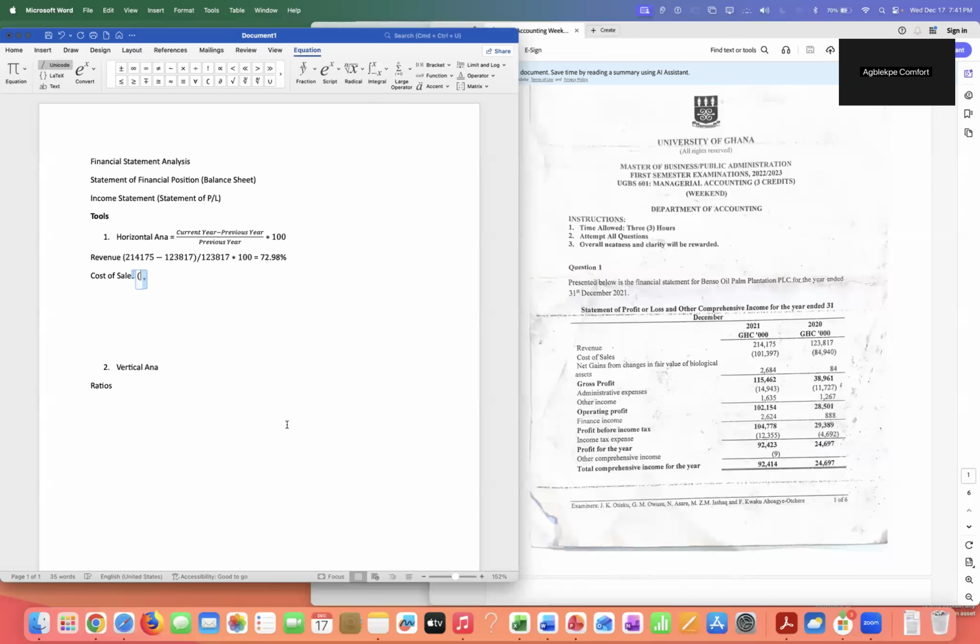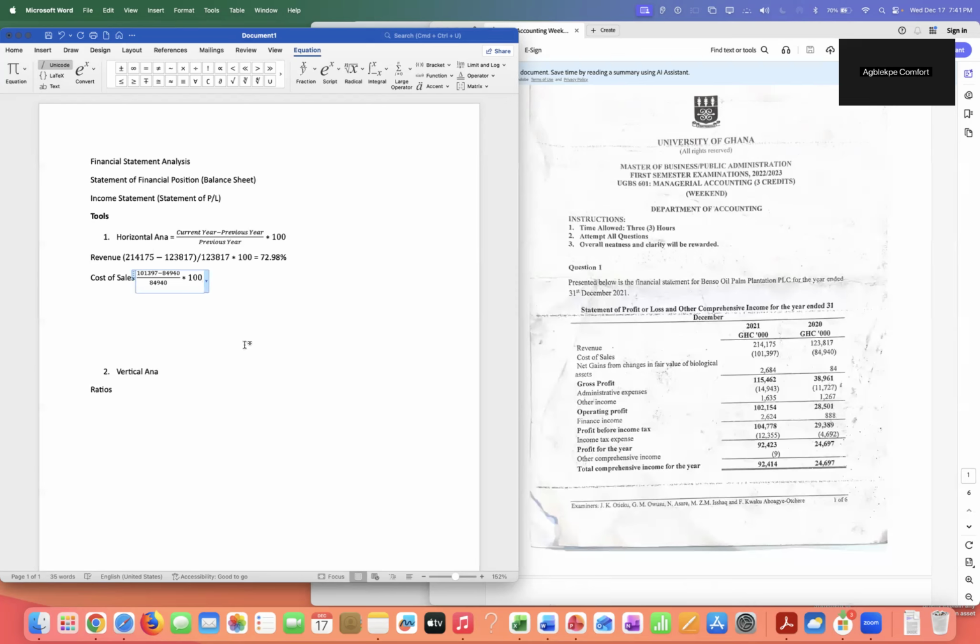It's 101,397 minus 84,940. We divide that by 84,940. We multiply that by 100.